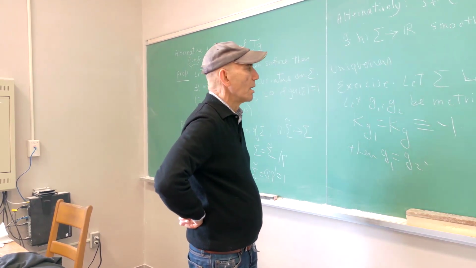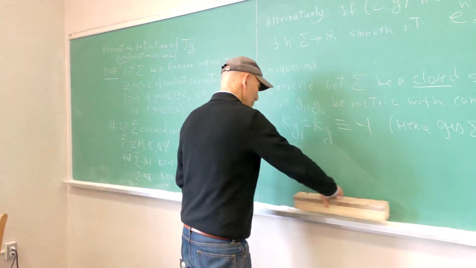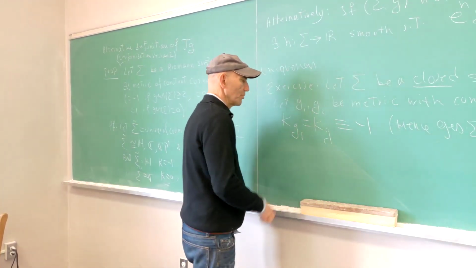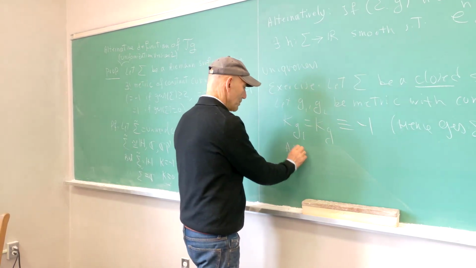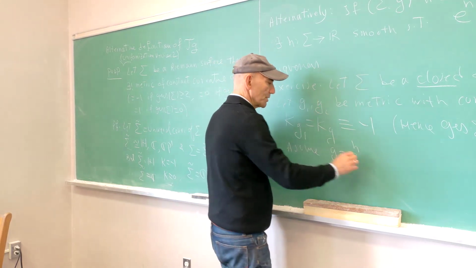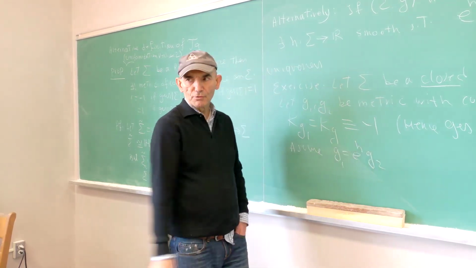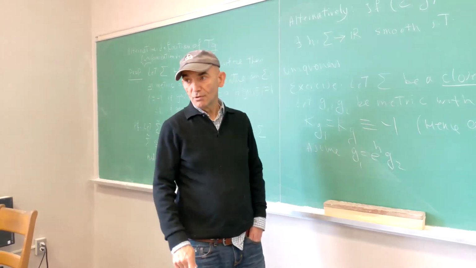Oh, yeah. Assume that they are actually conformally equivalent. Assume G1 is equal to e to the h G2. They're conformally equivalent. Then actually they are equal.